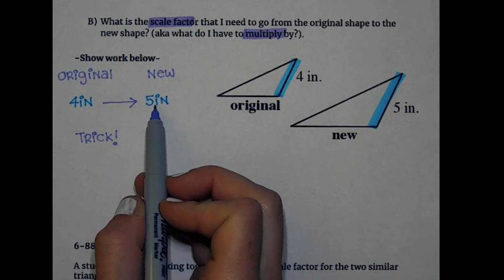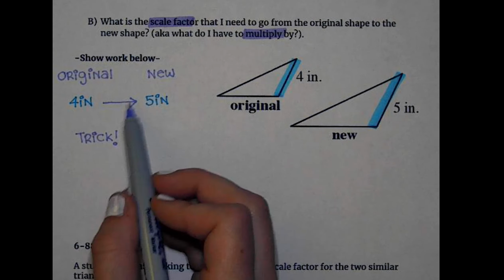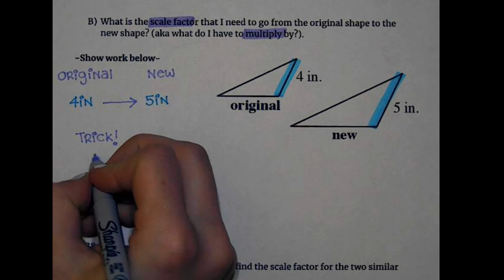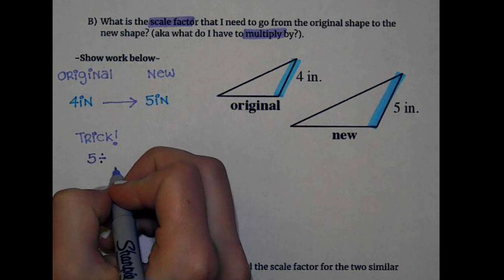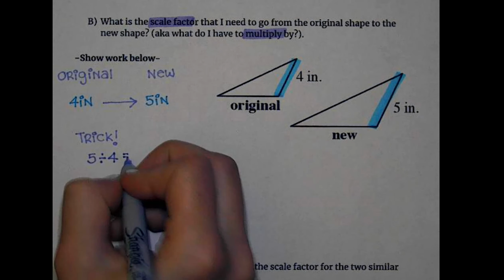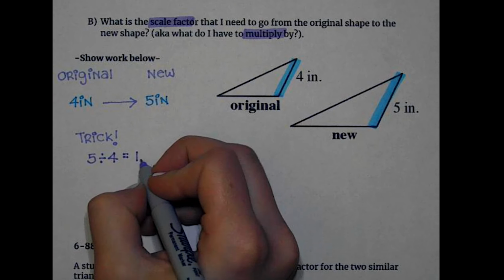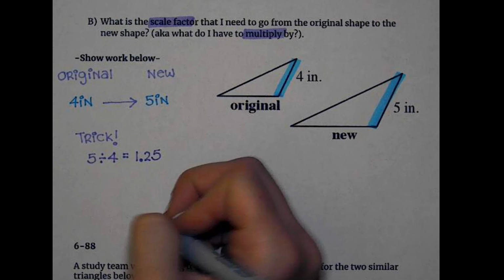5 divided by 4, and I'm going to get this number. 5 divided by 4 equals 1.25.